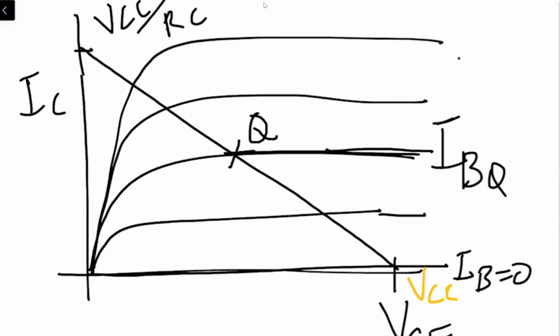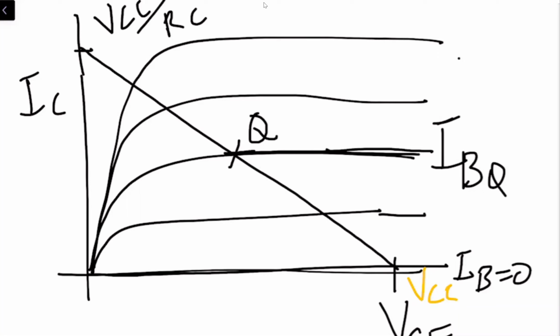Right? So where this straight line cuts the line of the base current, which is providing the collector current over here, wherever this cuts this straight line, this point is called the point of operation, or the quiescent point.